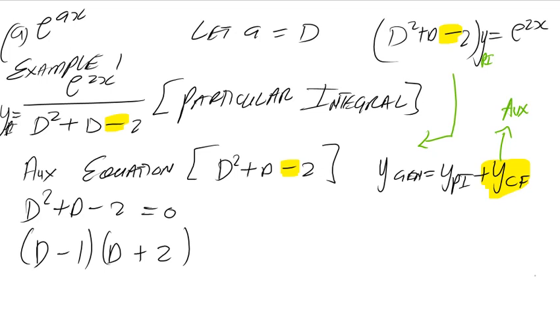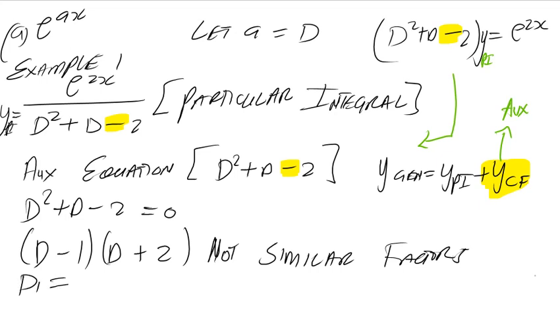You see that the factors are not the same, not similar factors. If the factors are not similar, D1 will equal 1 and D2 will equal minus 2.